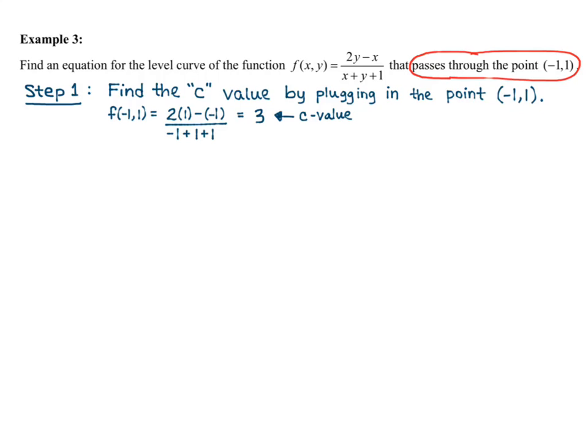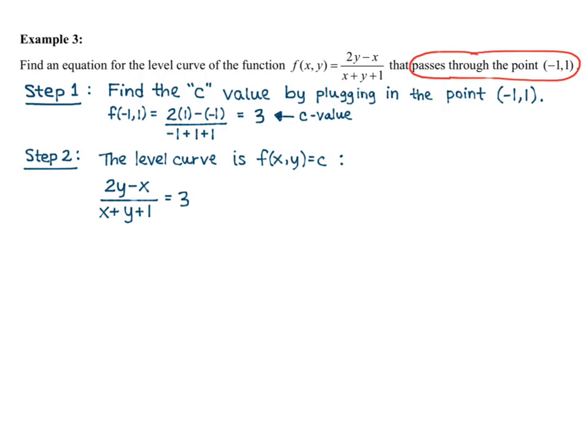Now remember, to find a level curve, you just let your function equal a constant value. So step 2, the level curve is f of x, y equals c. That will always be the step 2 in this process. So we set the function equal to 3, and then our last step will be to simplify.